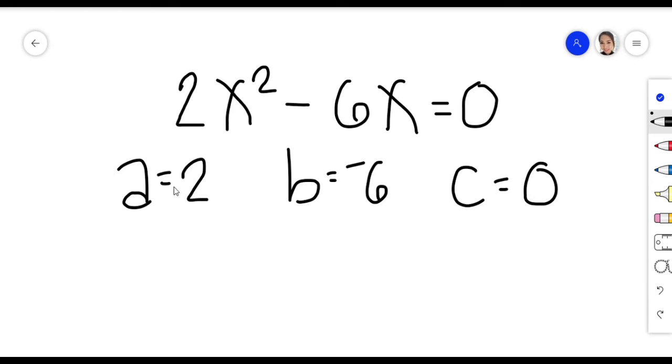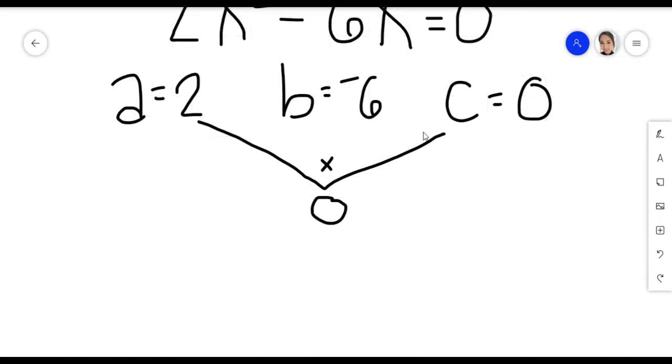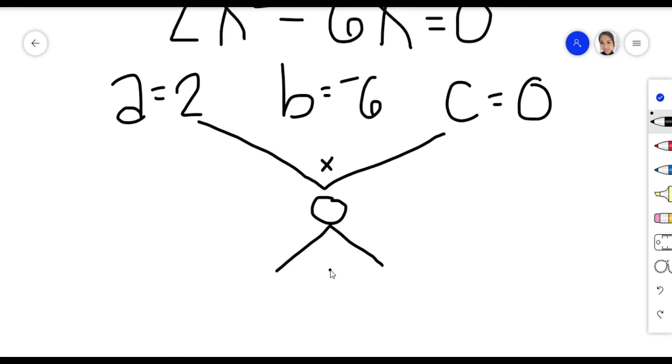So let's multiply our a and our c. That is 2 times 0, which is 0. Okay, next. Now, we have to find two numbers which add up to negative 6 again, and if multiplied, will be 0.